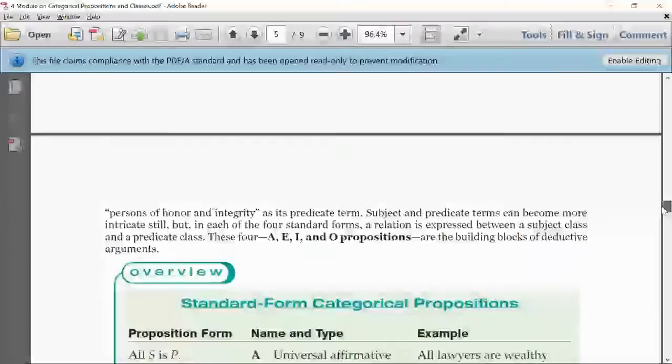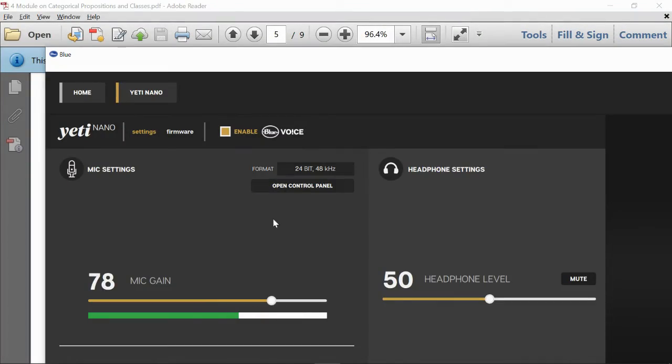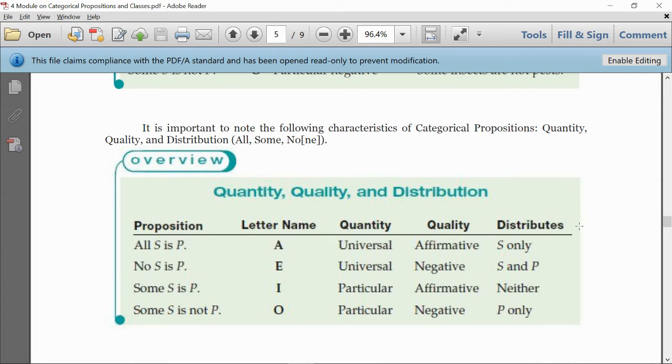Or in other words, so that you won't get dizzy when identifying the distribution, just keep in mind that in proposition A, the distribution is only on the subject class.